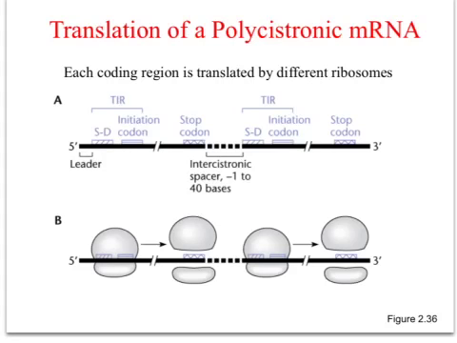This situation is relatively rare, but happens enough to suggest that allowing a single ribosome to continue to the end and then hop by one nucleotide and reinitiate is not unusual.